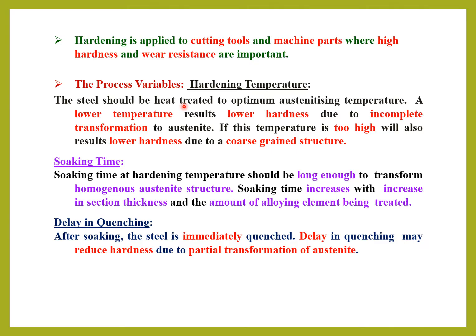Once you heat the steel up to the austenitizing temperature, it entirely converts to austenite, and then when we cool slowly, the austenite structure converts to different structures like martensite or pearlite. Suppose the temperature is very high, it will give low hardness due to a coarse grained structure. So that's why temperature plays a vital role.